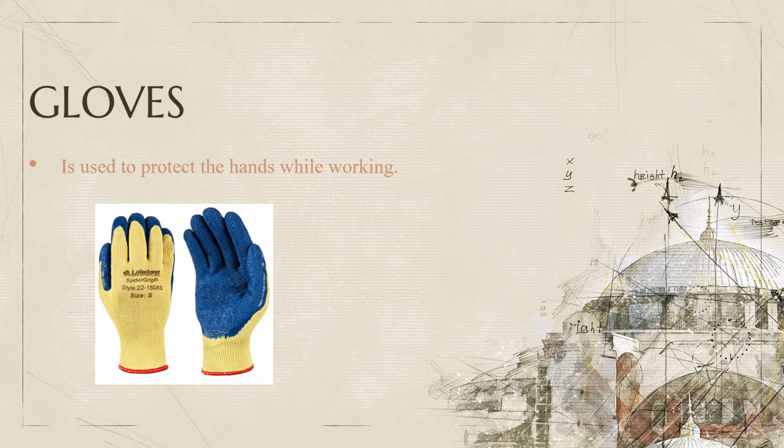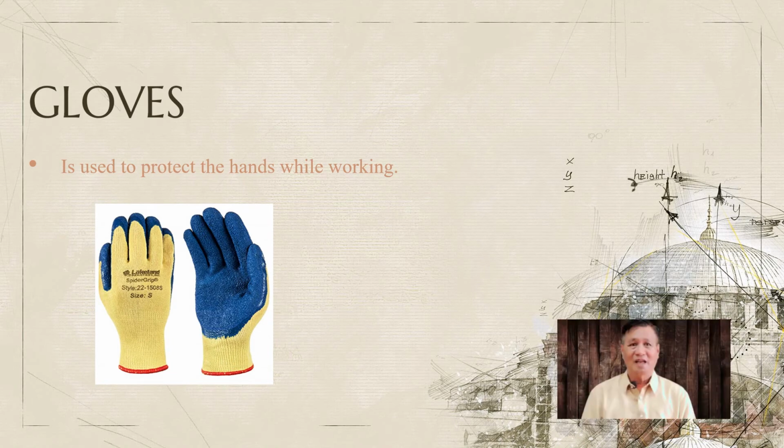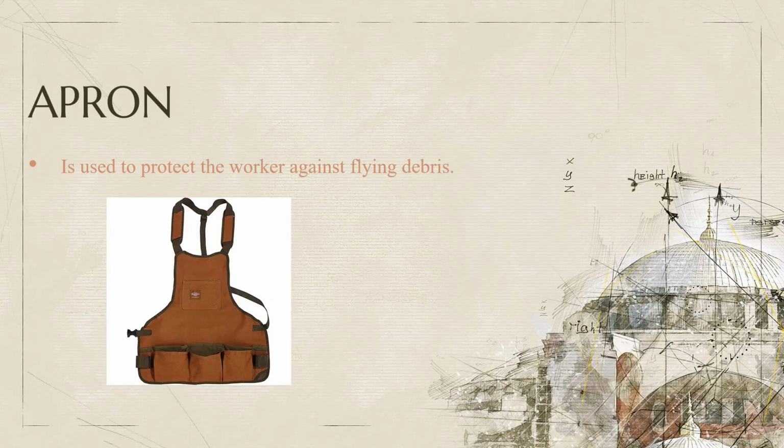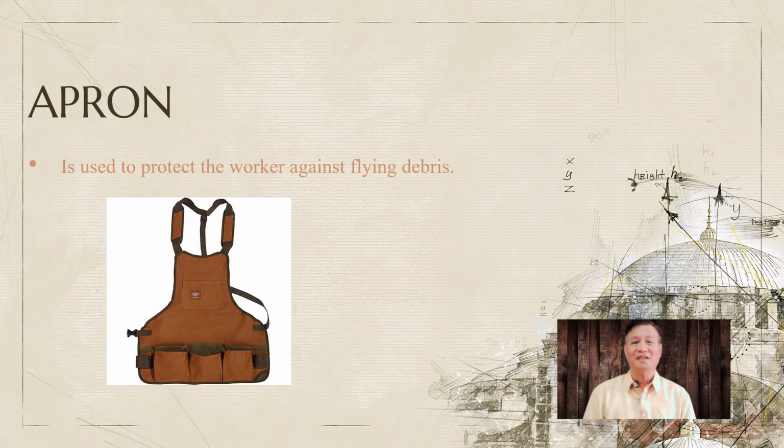Next is gloves. Glove is used to protect the hands while working. And last on our list is apron. Apron is used to protect the worker against flying debris.